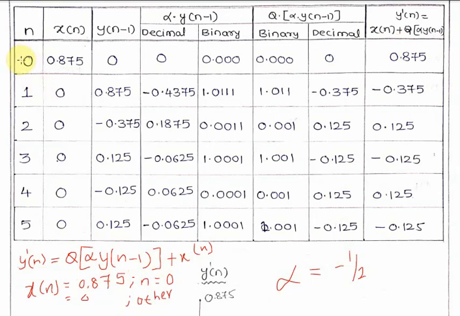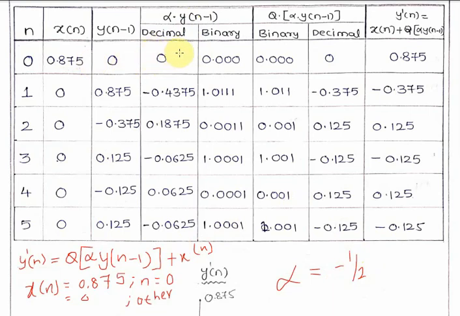At n value 0, input x of n value is 0.875. Y of 0 minus 1 is y of minus 1, and the initial condition is 0. Alpha is minus 1 by 2, y of n minus 1 is 0, and 0 into something is 0.